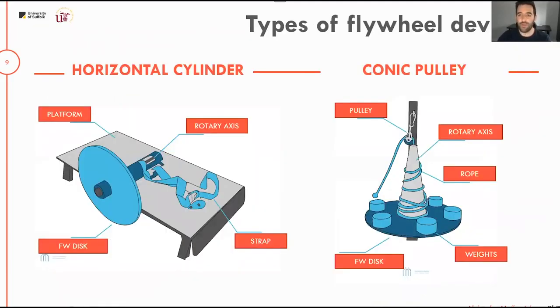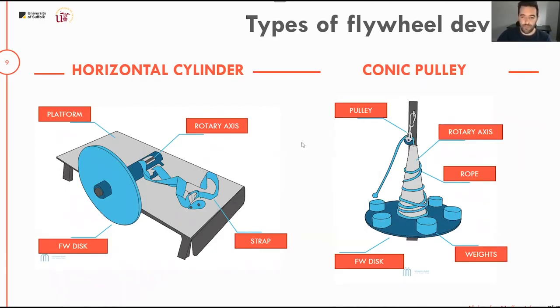If we talk about different types of flywheel devices, we can divide them into horizontal cylinder platforms, like this one, or a conic pulley, like the right one. Both of them usually have a flywheel disc that in horizontal cylinder platforms can be changed directly, but on the conic pulley, you change these small weights around to increase the moment of inertia.